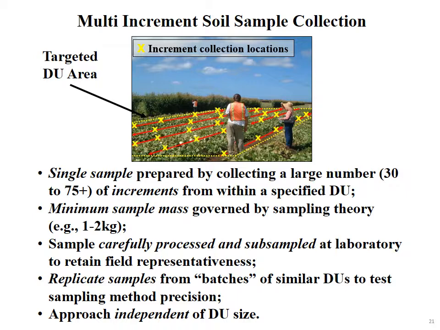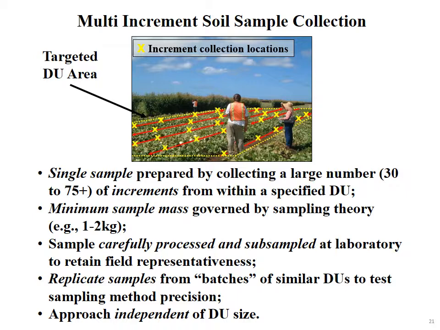We also need to know the maximum particle size for the lab to select their subsampling mass and reduce laboratory error. So for our less than 2 millimeter soil samples, the lab needs to then subsample at least a 10 gram subsampling mass out of that bulk 1 to 2 kilogram sample for analysis.